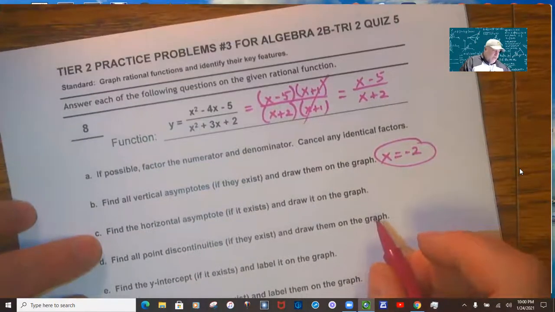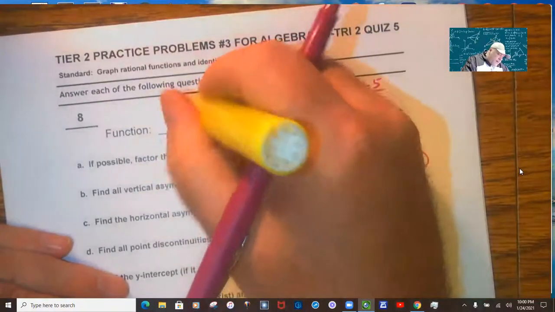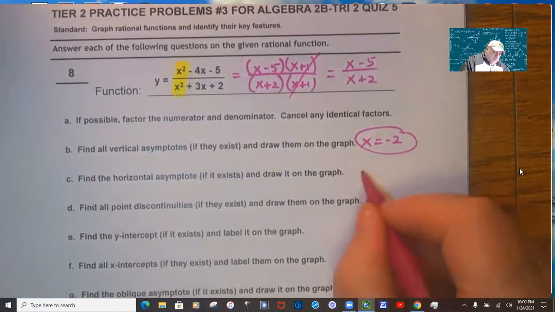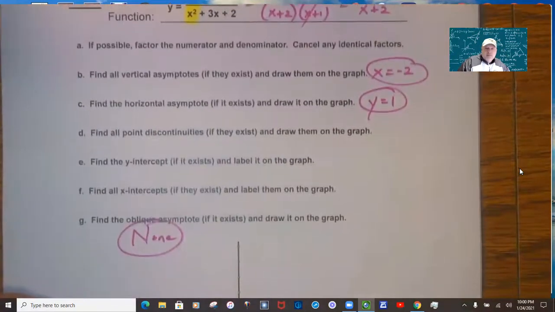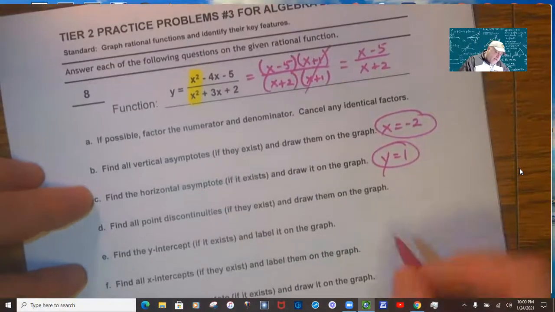Horizontal asymptotes, yes. Okay, look at the ratio of the highest powers. 1, meaning that there are no oblique asymptotes. They eliminate each other. Okay, point discontinuities, yes, at -1.